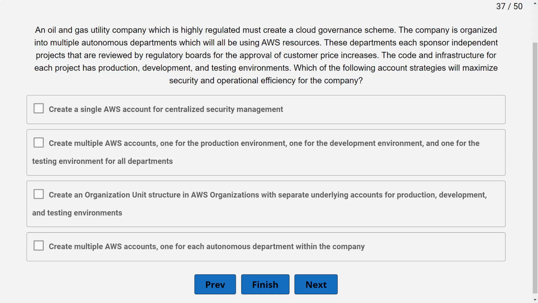These departments each sponsor independent projects that are reviewed by regulatory bodies for the approval of customer price increases. The code and infrastructure for each project has product development and testing environments. Which of the following account strategies will maximize security and operational efficiency of the company?